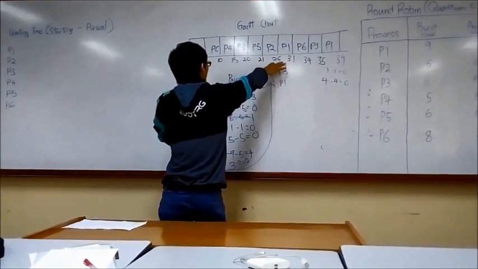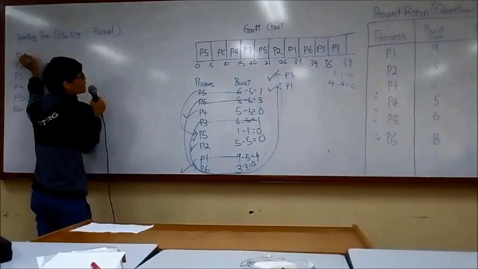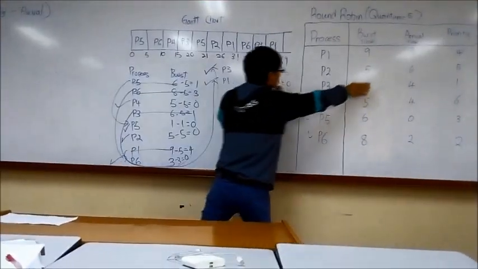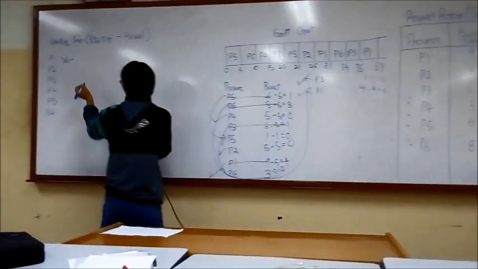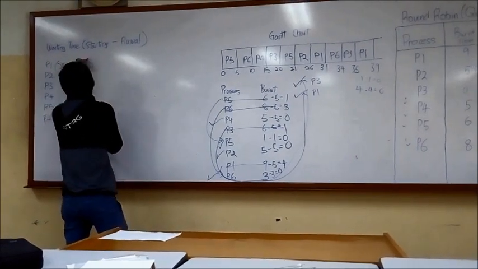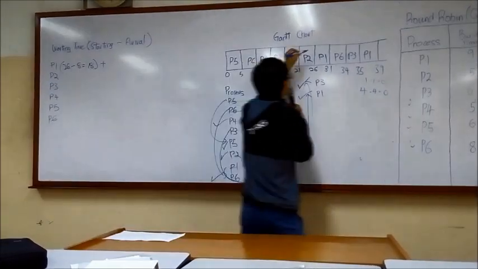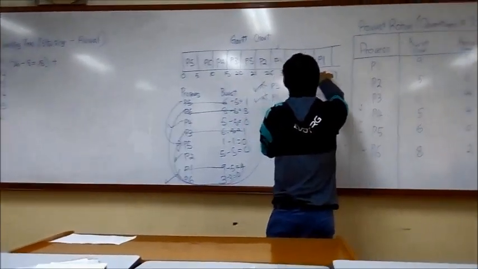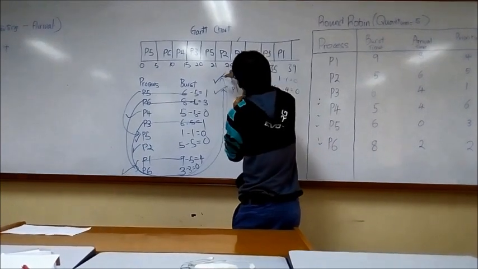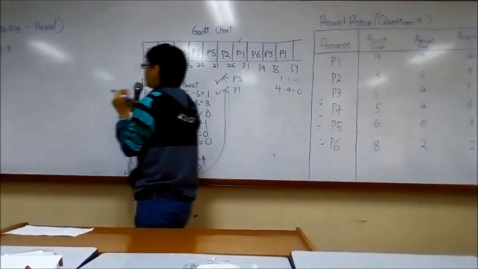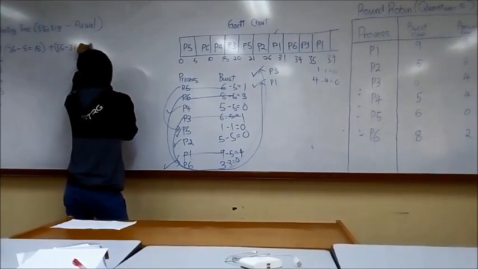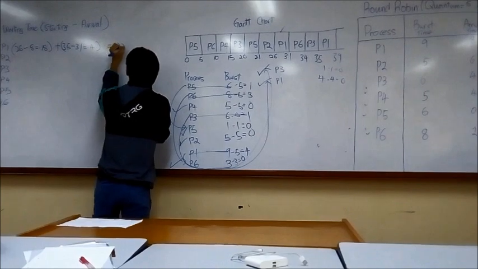We choose the one in front: P1's starting time 26 minus the arrival time, which gives 18. Because it's separate, we take the earliest one in front: 35 minus 31, which equals 4. 18 plus 4 equals 22.